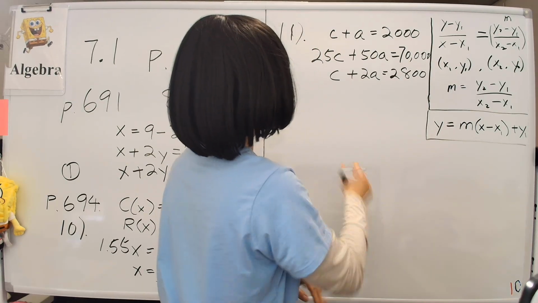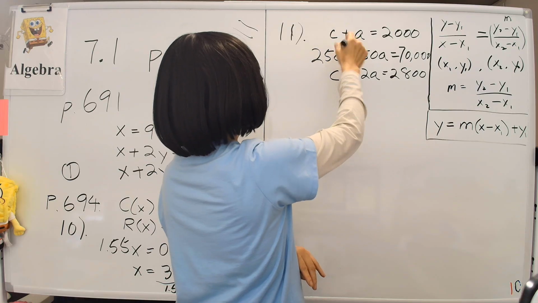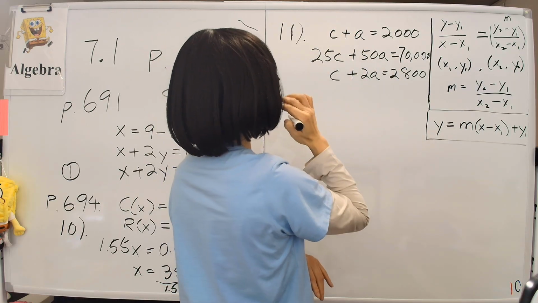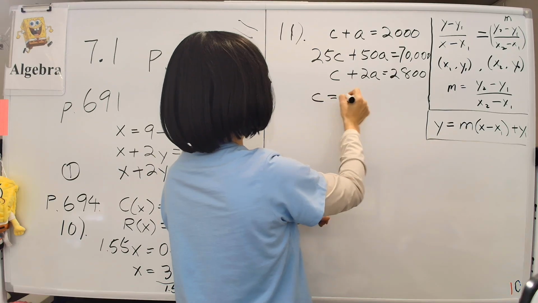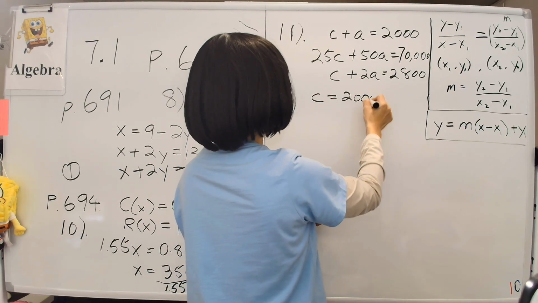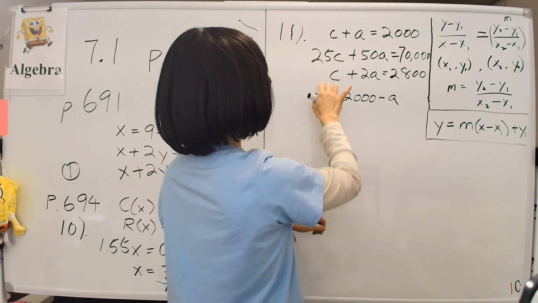And then we are going to use equation 1. We'll take C out of equation 1. So C equals, that's very easy to do, C equals 2,000 minus A, and then plug it into the second equation, right here.